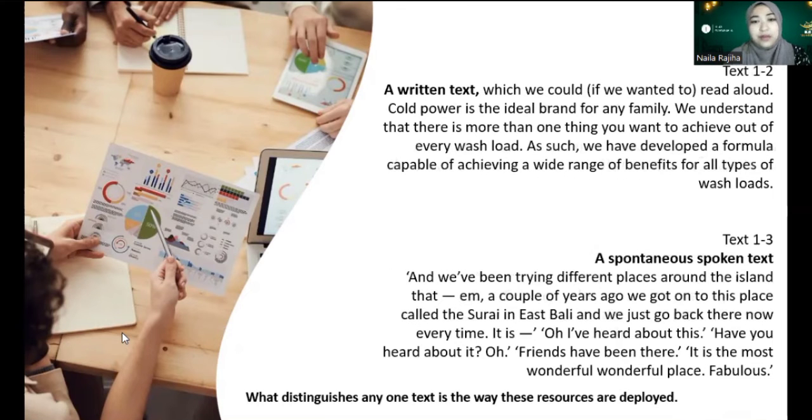The second one is a written text which we could, if we wanted to, read aloud. You may see this from cold power until wash loads. And the last one is a spontaneous spoken text. You may see a sentence like, oh, I've heard about this, etc. So what distinguishes any one text is the way these resources are deployed.